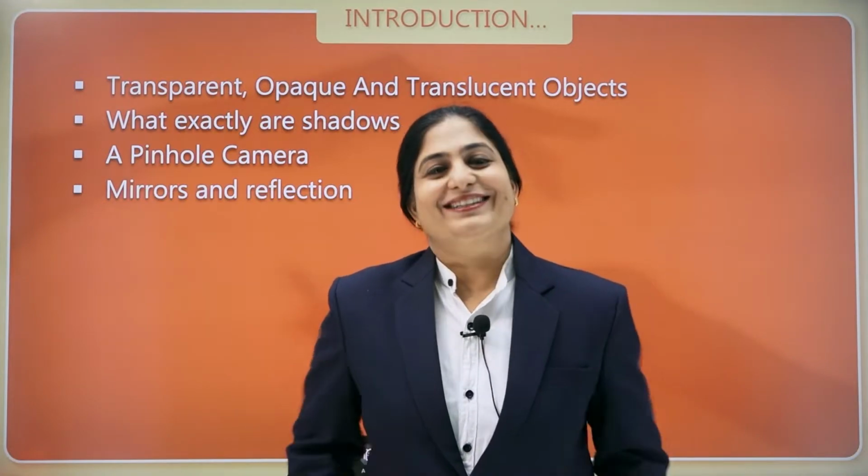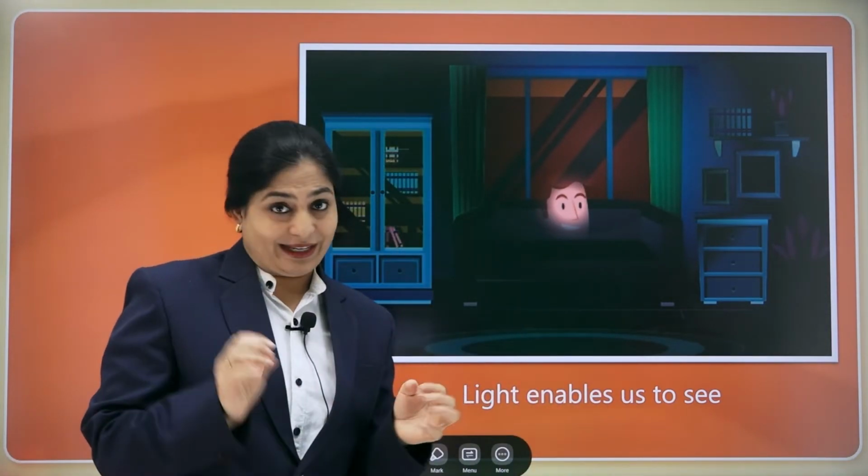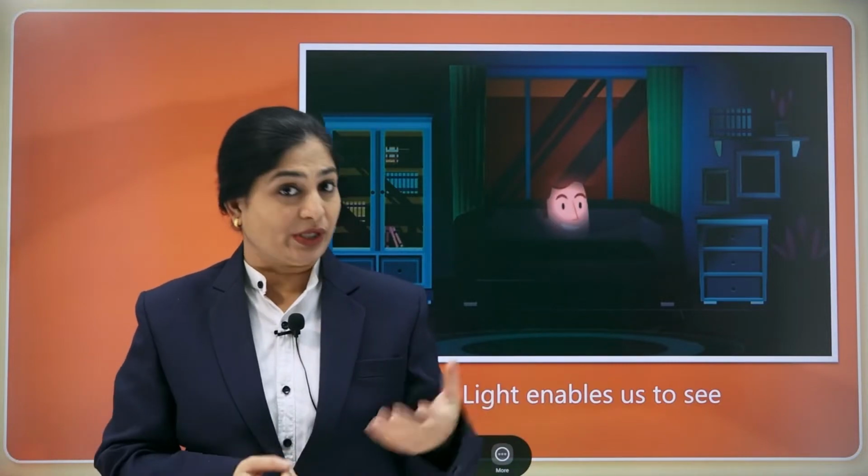Let's start. Let me ask one thing. Have you ever tried to see in the dark? Suppose you are in a dark room, there is no light. Can you see something? No, you cannot see. There are so many things that we see all around us. You can see a tree, your table, chair, pen, book, copy, your computer, your phone.